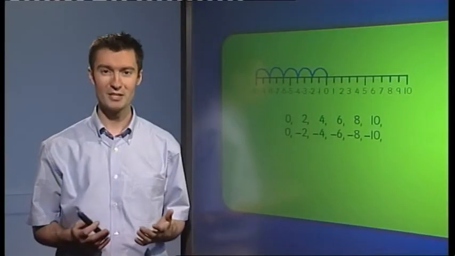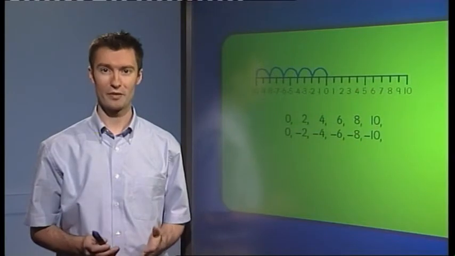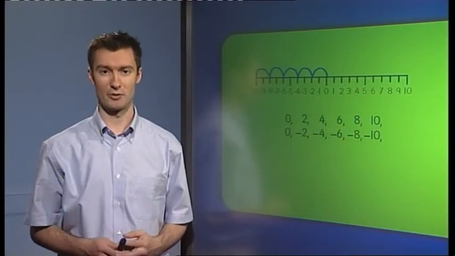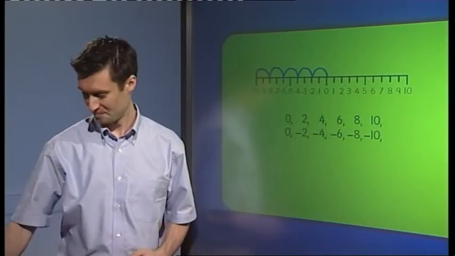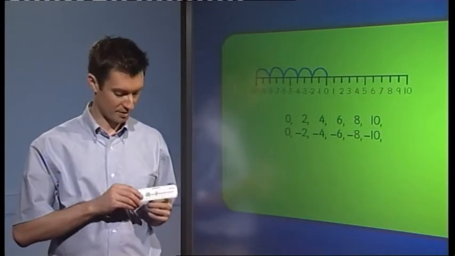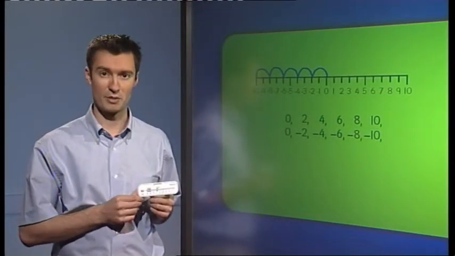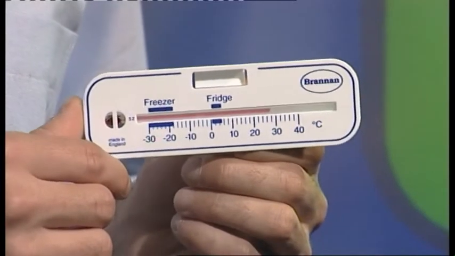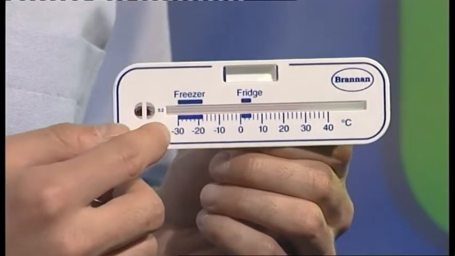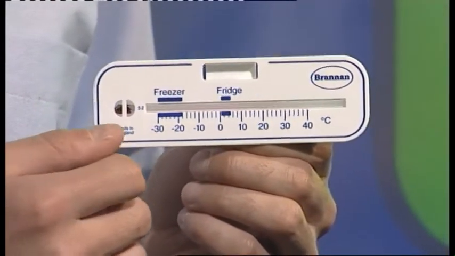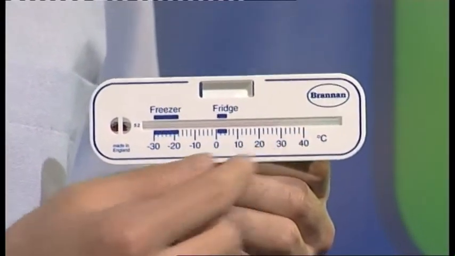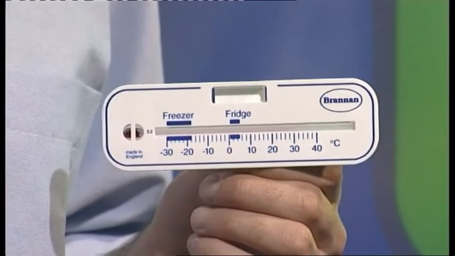So, where do we use negative numbers? Well, one of the first sets of negative numbers I came across was in my fridge. Now this is a fridge thermometer, and it has negative numbers, that's numbers below the 0, and also numbers above the 0. And we sometimes call those positive numbers.